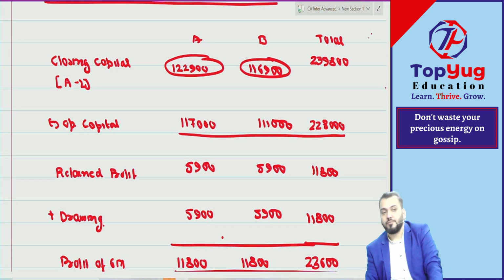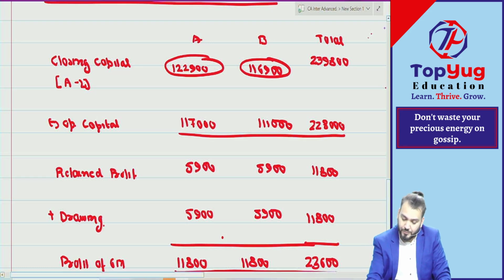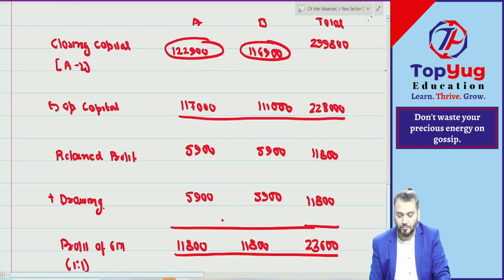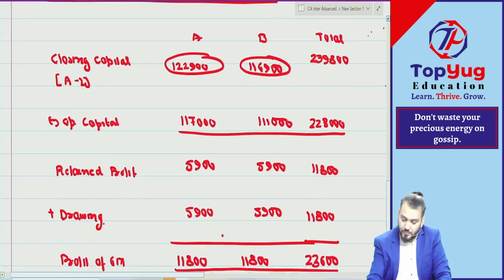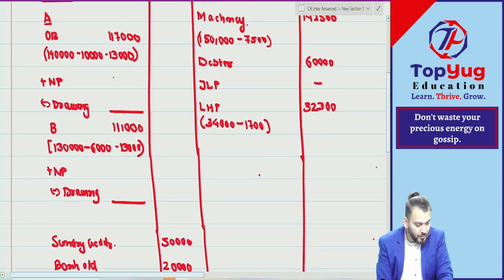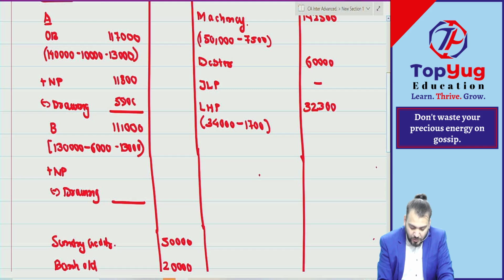Have you understood this? Correct? Now net profit is what? 11,000, drawing 5,900.